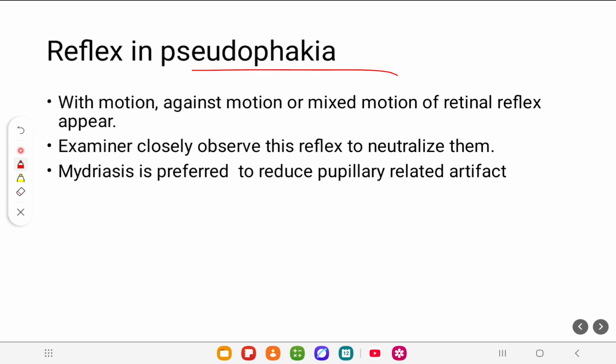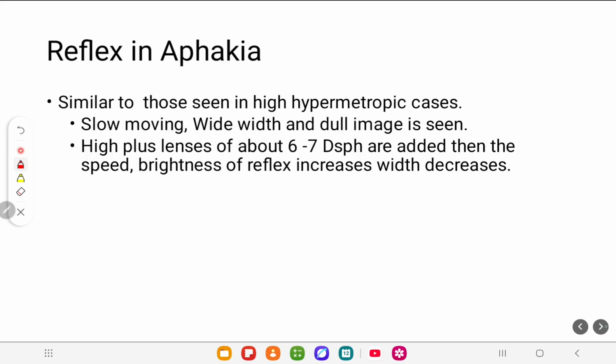Mydriasis is performed to reduce pupillary-related artifact. In pseudophakia, when you throw the light, the reflection from the lens sometimes bothers you, and it's really difficult to do the examination, especially if the pupil is so small. In that case, sometimes it's very helpful to do mydriasis of this patient. Okay, that's the concept.